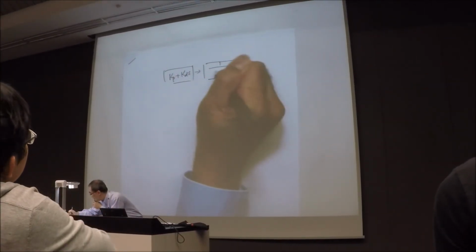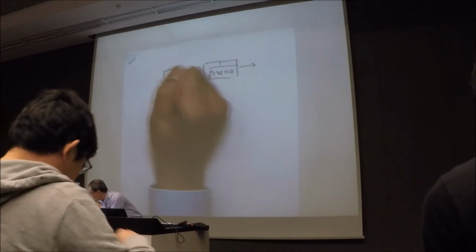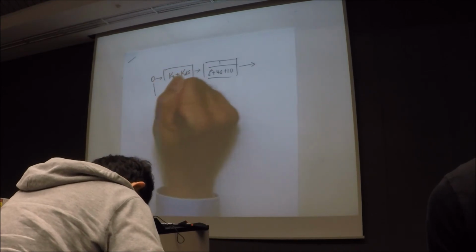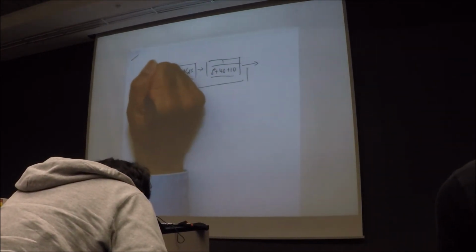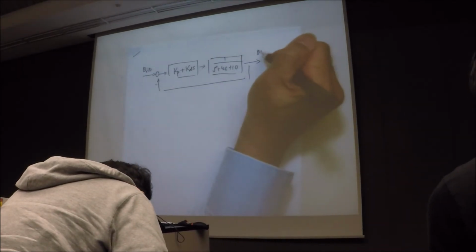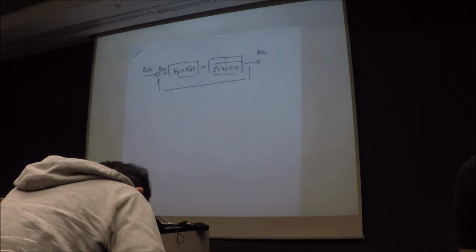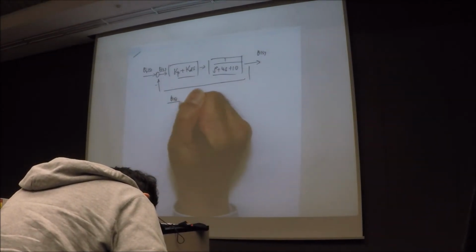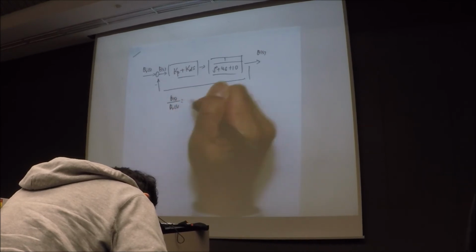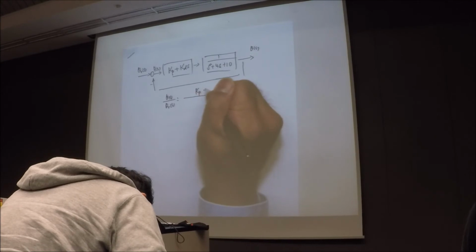So this is my original s squared plus 4s plus 10. This is theta R(s), this is theta(s), and this is E(s). So all I can say is your theta(s) over theta R(s) will be your closed loop transfer function, with numerator Kp plus KDs.